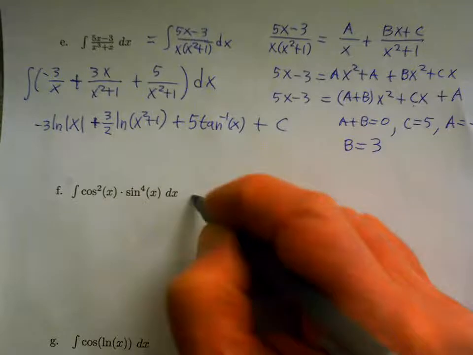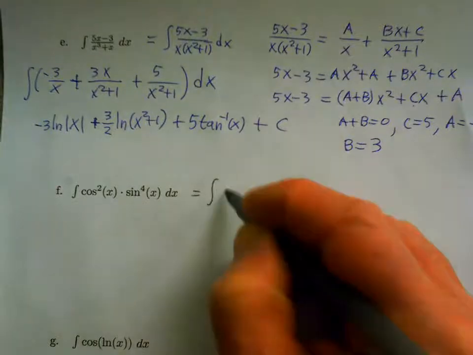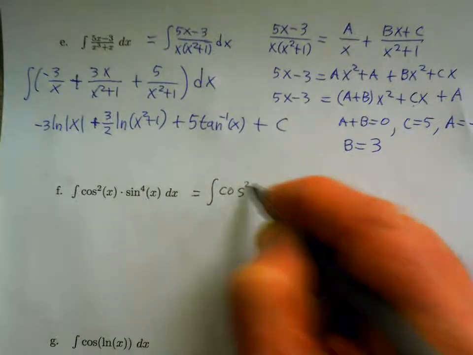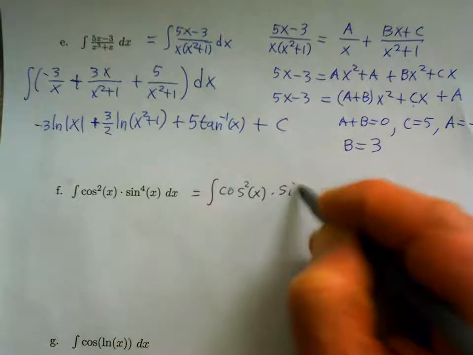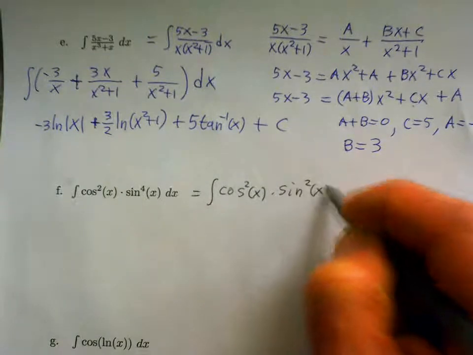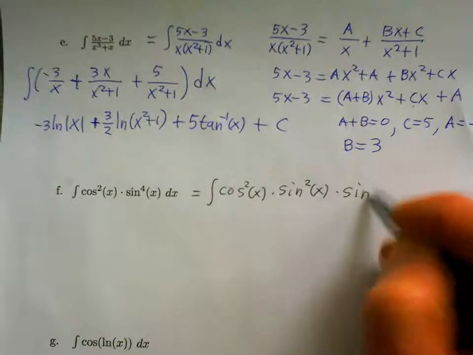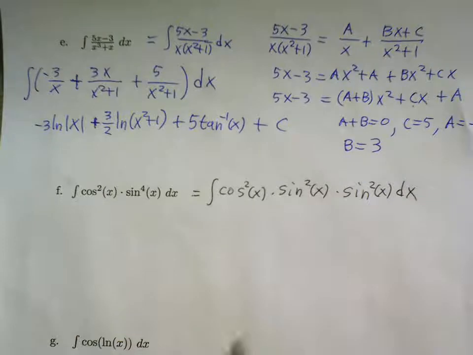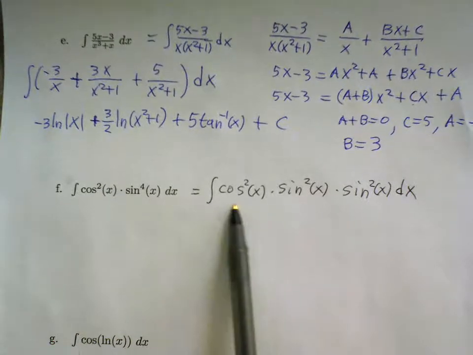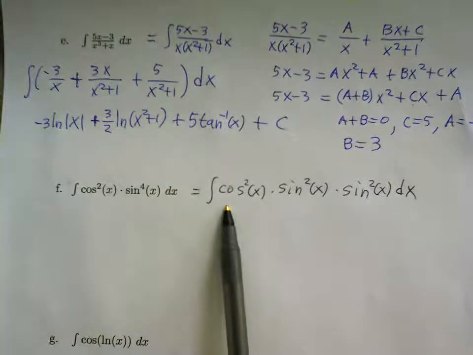We can think of this as the integral of cosine of x squared times sine of x squared times sine of x squared. And then we'll use identities for cosine of x squared and sine of x squared.